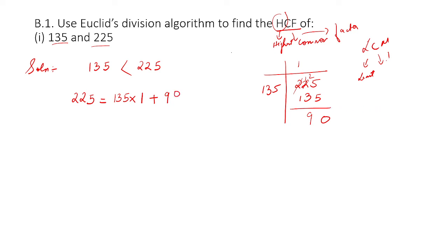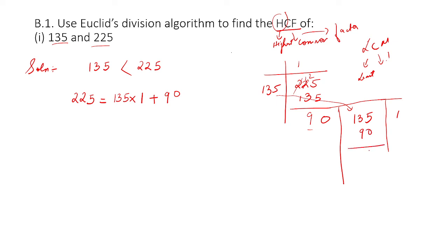After this, what you're supposed to do is divide again. Now what is your divisor over here? Your divisor is 90, and the dividend should be 135. You have to bring 135 over here. Now you divide this. 90 times 2 is 180, but 90 times 1 is 90.